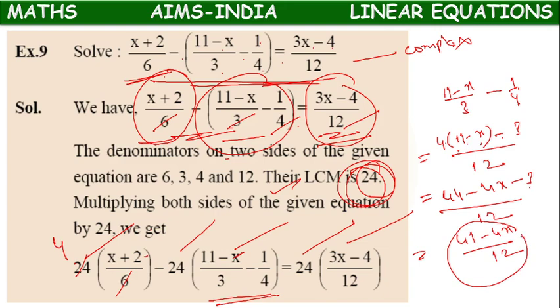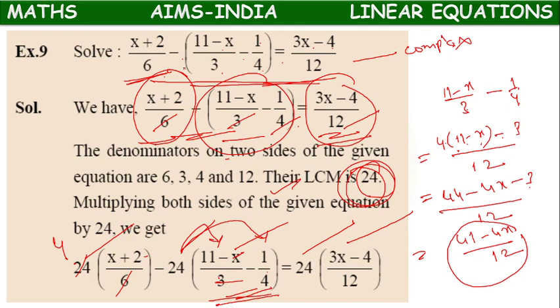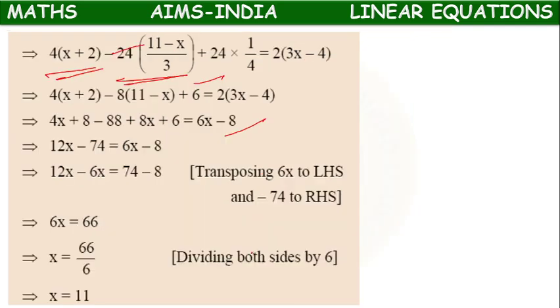Like that we can take, or we can make them into a common denominator, or with 24 we can multiply this one, and with 24 we can multiply this one separately. So here what they have done, they have taken separately with 24. With 24 they have multiplied this separately. Here we have minus into minus, plus. So they have taken plus here.